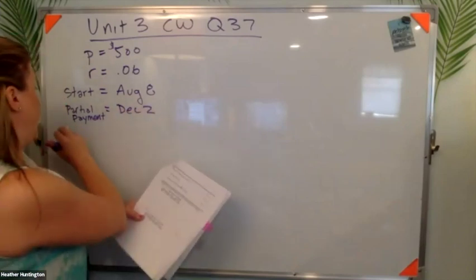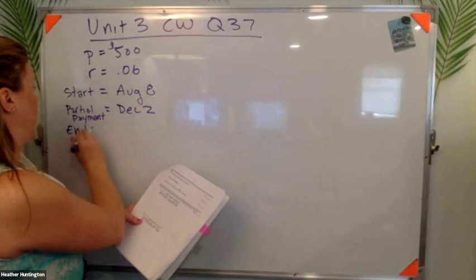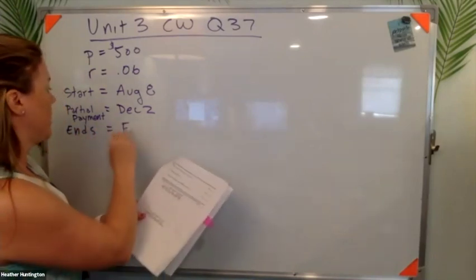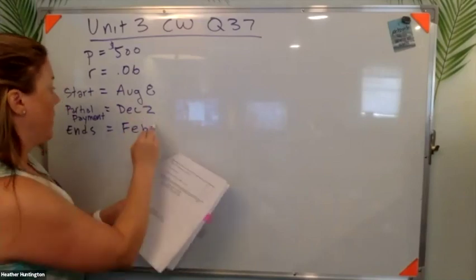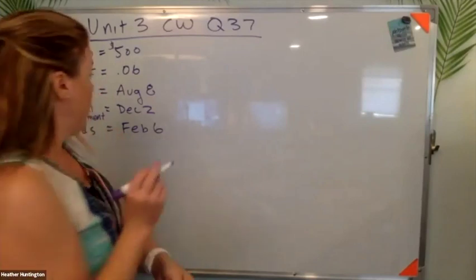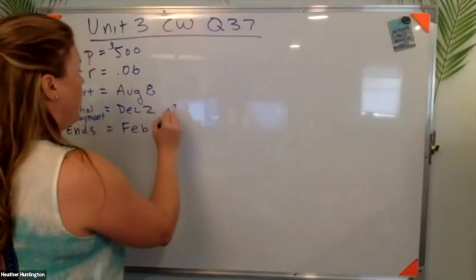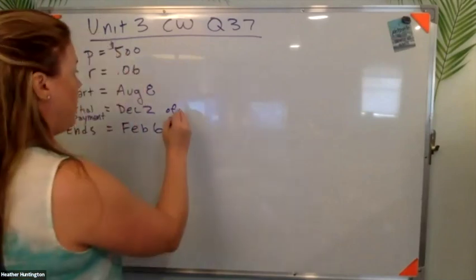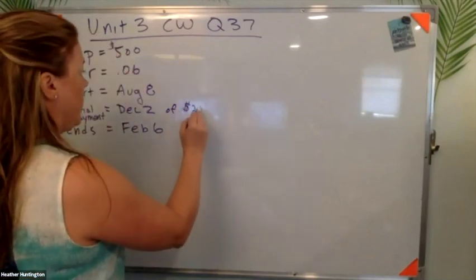And then the loan ends on February 6th. Okay, so partial payment of $257.